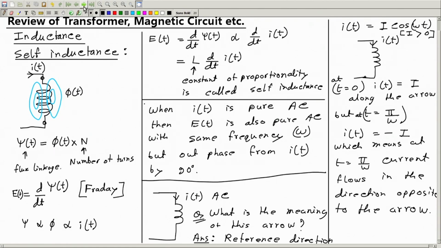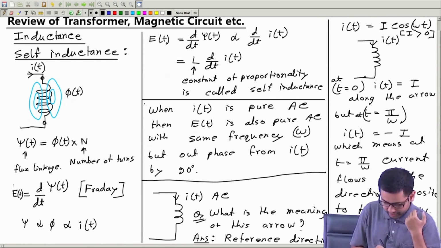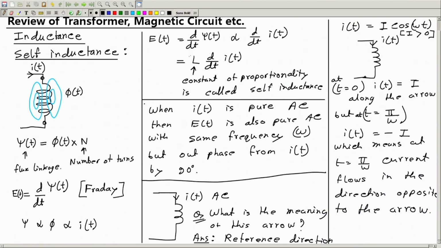So now let us ask the question. Michael Faraday said the value of the induced EMF at any moment is given by this or by this. So this is the expression of the EMF, the value of the EMF.